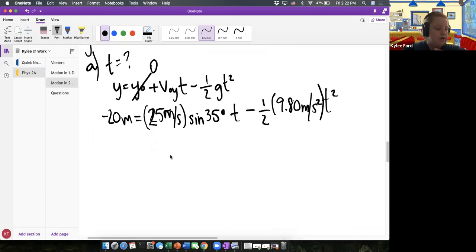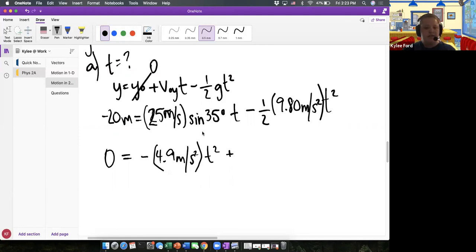All right, so let's see here. Let me bring them all to one side, and then maybe this form will look a little familiar. So if I bring this over and put this out front, we're going to have negative 1/2 of 9.8, which is 4.9, times t squared, plus 25 meters per second.